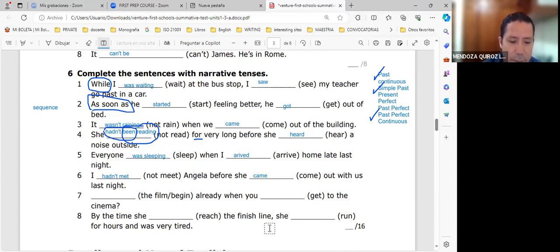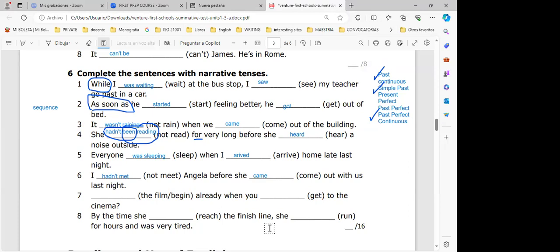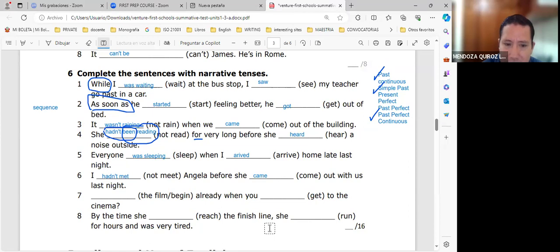Next one, Mario. Number 7, Mario. Was the film already begun? Bueno, was the film? It says already, so you need a perfect tense. Can you remember the perfect tense before the other one?